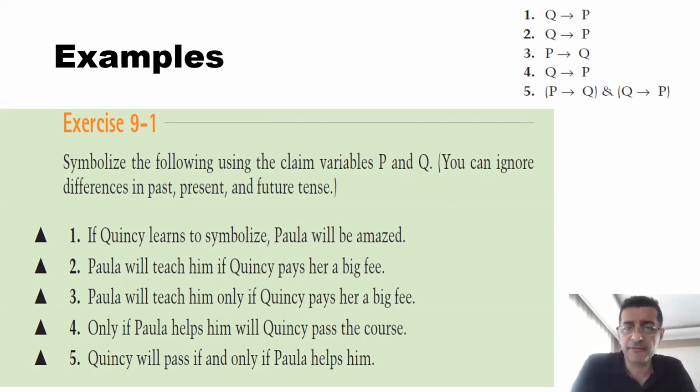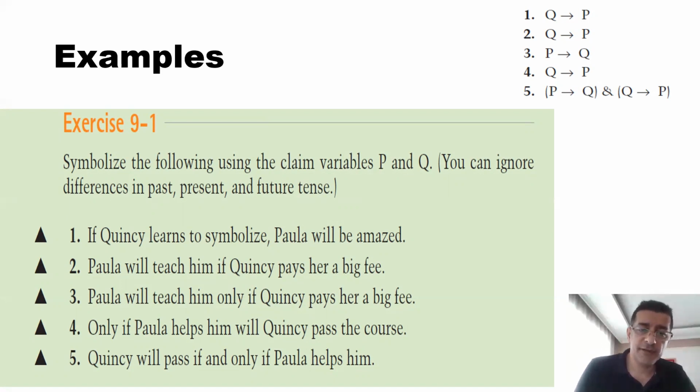Remember that if by itself introduces a sufficient condition. So if we have, for example, if P then Q, as we have here in the first one, then P is the sufficient condition. But the phrase only if introduces a necessary condition. All right, so with that in mind, let's just read them.